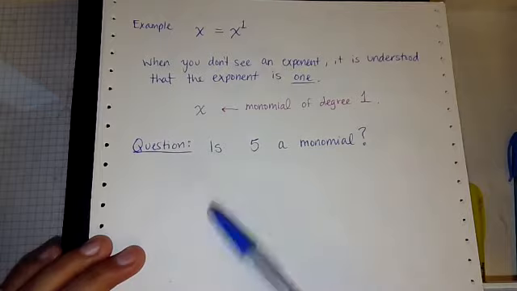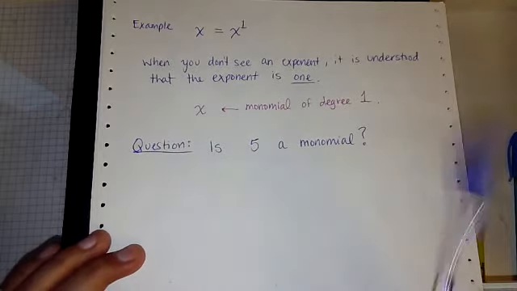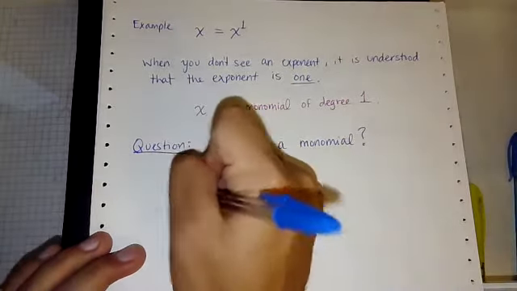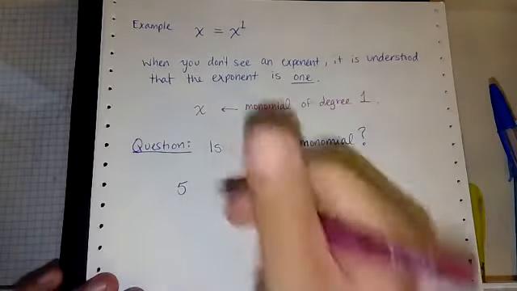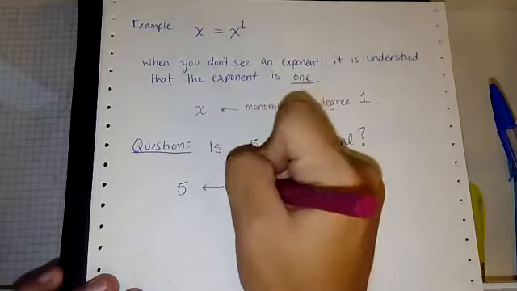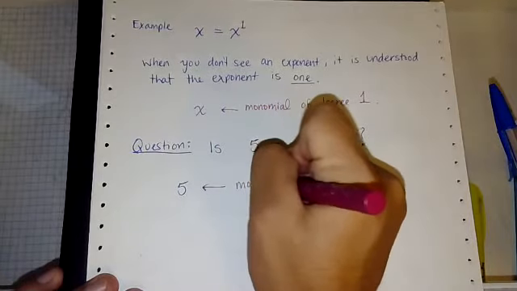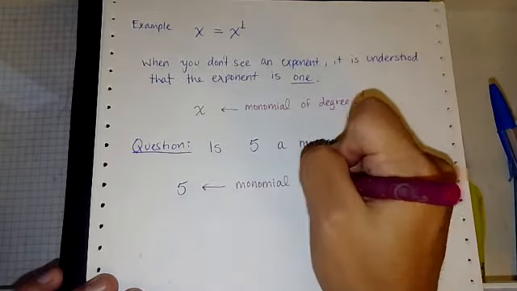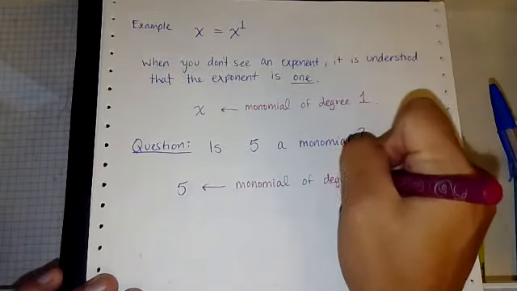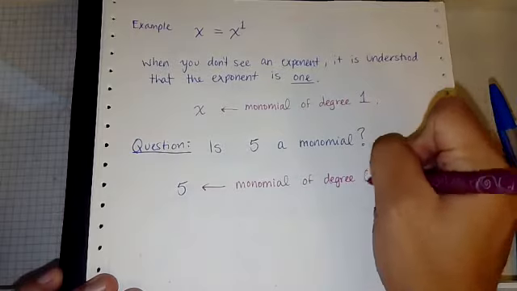So even though we think of it as just being a number by itself, we can consider 5 to be a monomial because it's only a single term. And we're going to call this a monomial. Any number by itself will be a monomial of degree 0.